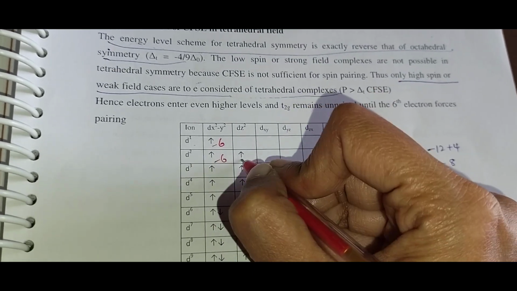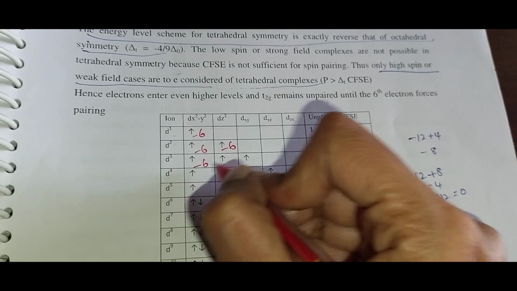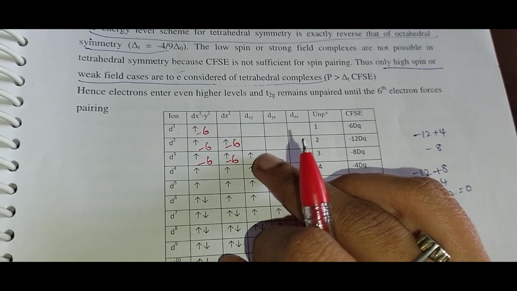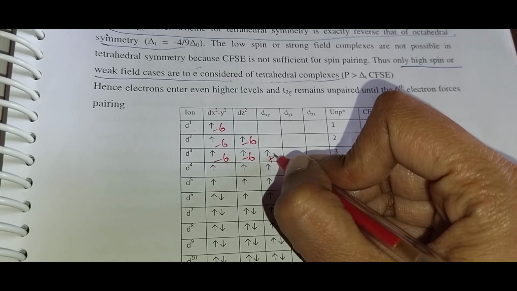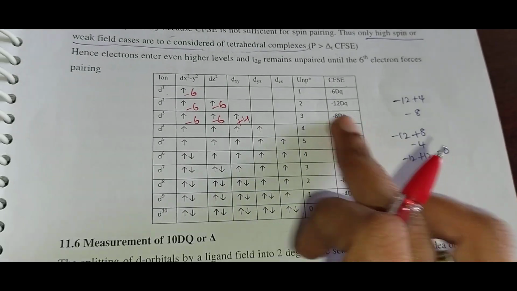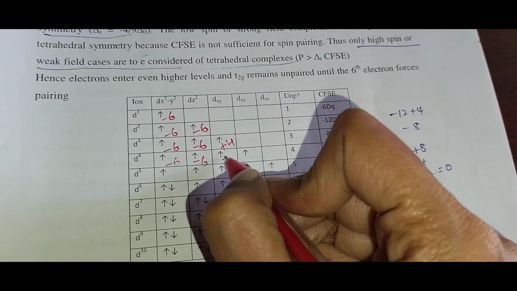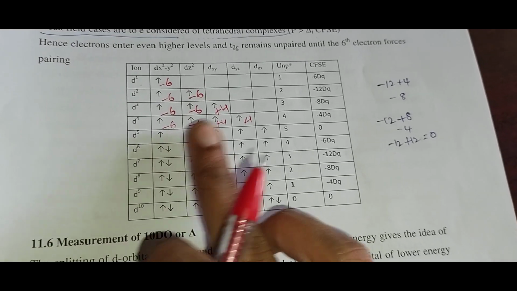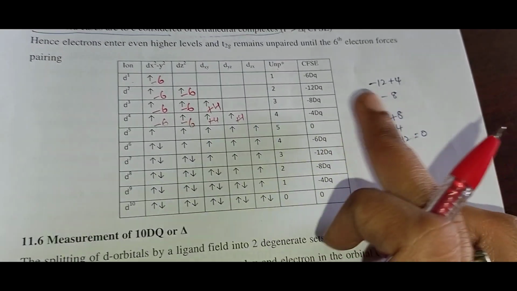So minus 6 minus 6 is minus 12, and this is next, so it is higher energy, so plus 4. So minus 6 minus 6 minus 12 plus 4 is minus 8 dq. Then again minus 6 plus 4 plus 4. So we can calculate minus 12 plus 8. That is nothing but minus 4.